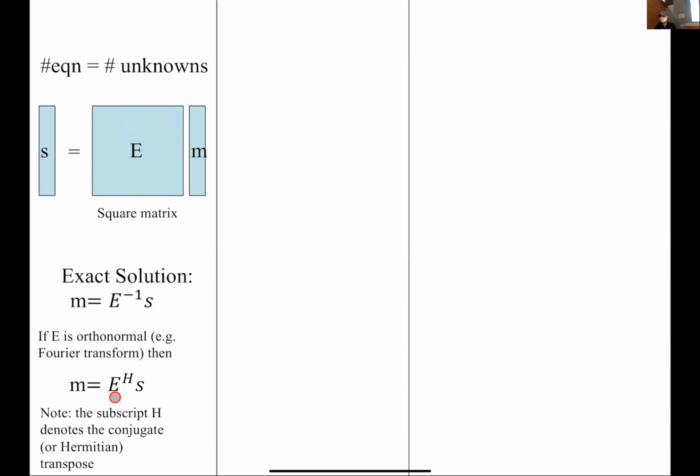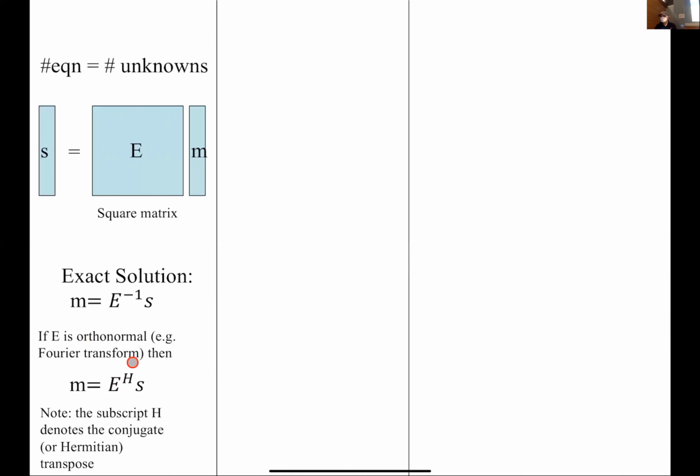That's also done in your homework for you. So this is basically the inverse Fourier transform. Remember in the Fourier transform we have e to the minus j 2 pi (kx x plus ky y), and in the inverse transform we have e to the plus j 2 pi (kx x plus ky y). That's basically this conjugation step.